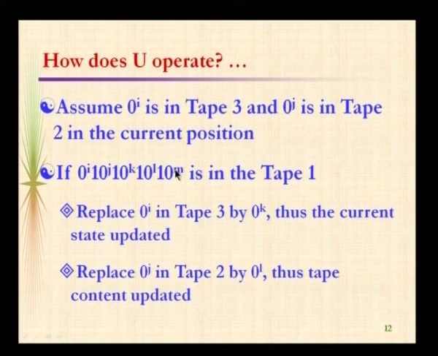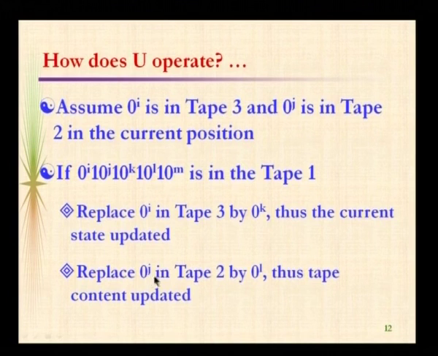So as far as the current tape content is concerned, that is nothing but tape 2, there is a need for moving towards left or right based on the direction m. So that is what the simulation behavior is. We have the explanation here: replace 0 power i in tape 3 by 0 power k, and thus the current state is updated.